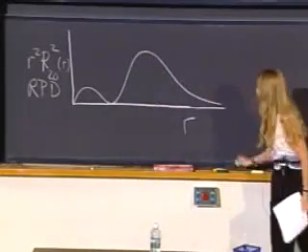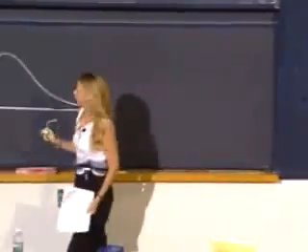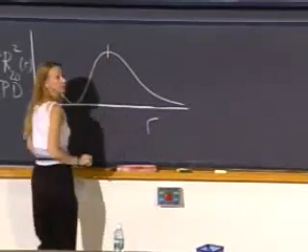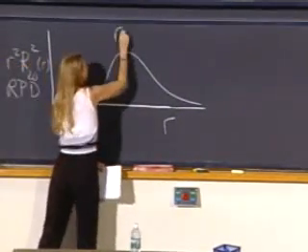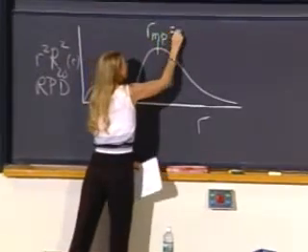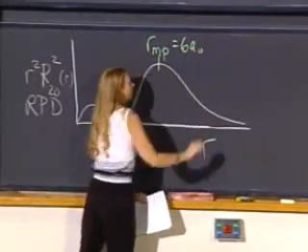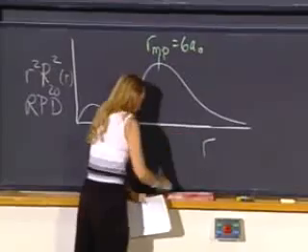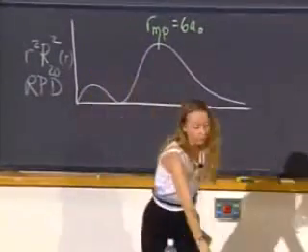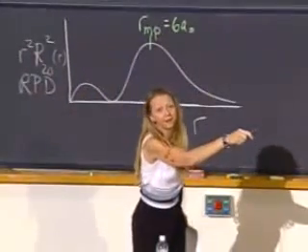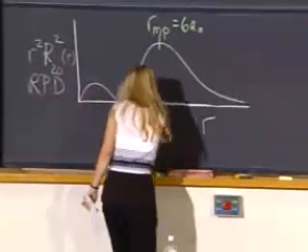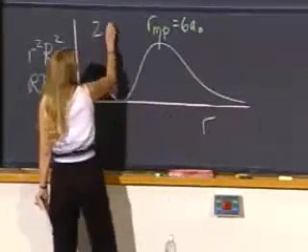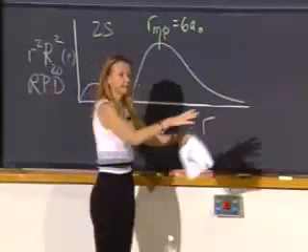When I do that, I get a function that looks like this. And if I evaluate what is the value of r at which the probability is a maximum, this most probable value of r is 6 a naught. Look at that. The most probable value of r for 1s was a naught. In the case of the 2s state, the most probable value is 6 a naught, 6 times as far from the nucleus.